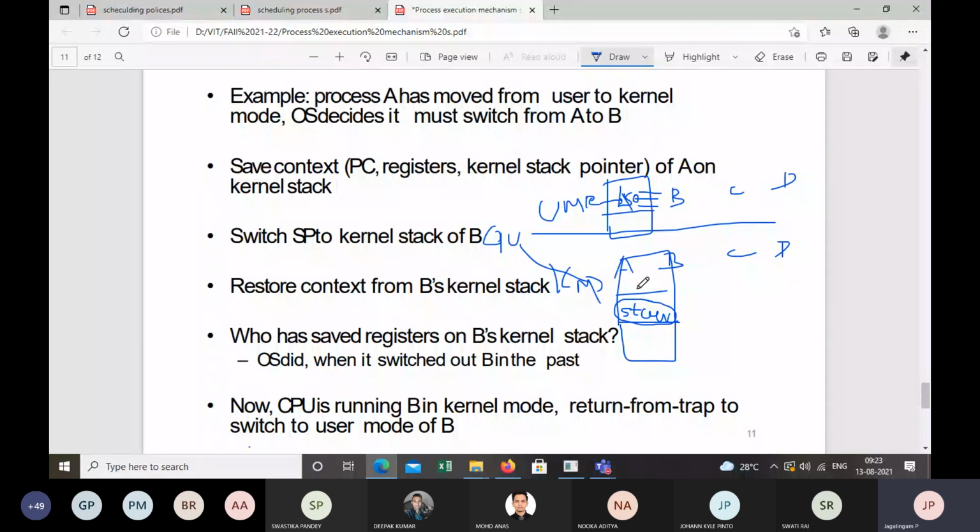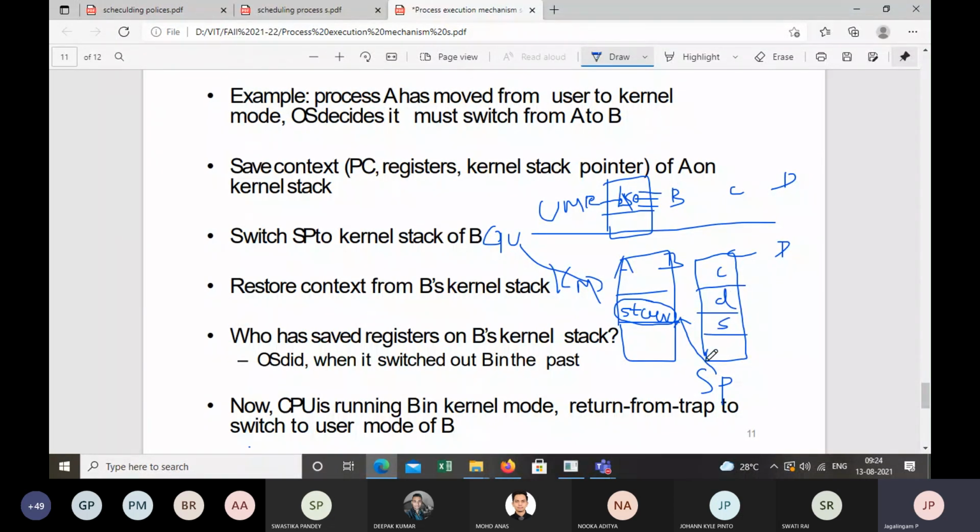Okay. Now in the kernel mode, you have a stack pointer. That stack pointer currently points to the stack of process A. Similarly, for process B, you have a stack which has code, data, stack.